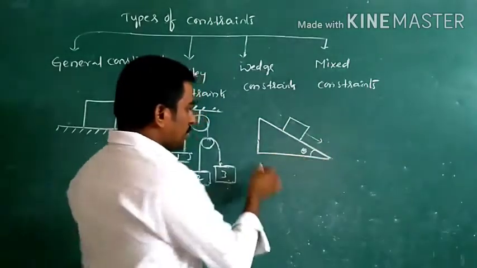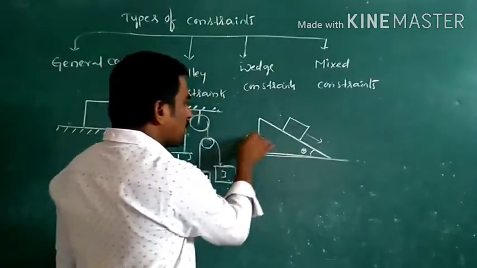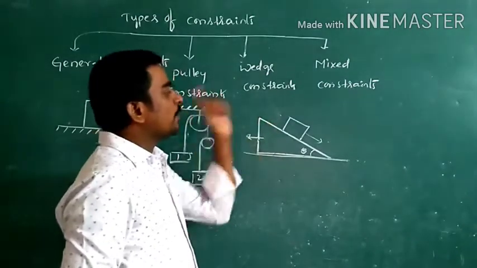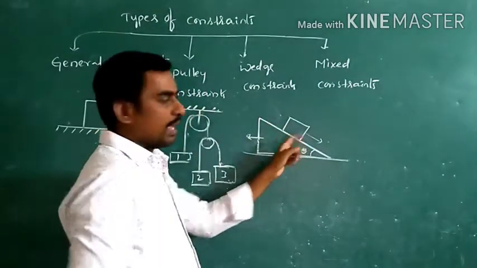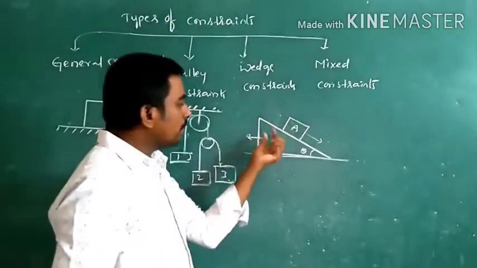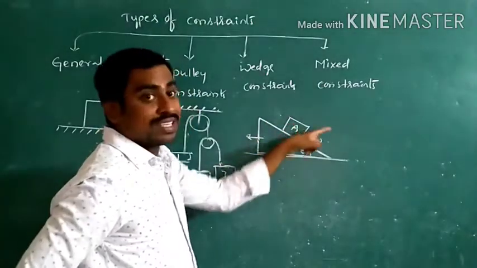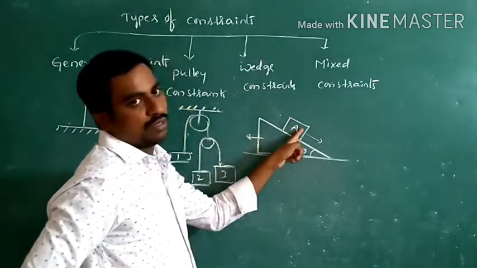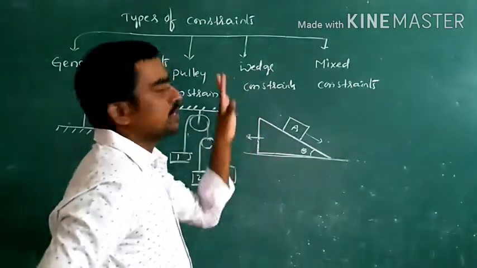If there is no friction between this wedge and the surface, the wedge moves in the backward direction. The velocity, acceleration or displacement of the wedge depends upon block A, and the block's velocity, displacement or acceleration depends upon the wedge. So the motion of this body is constrained by this one, and the motion of this wedge is constrained by this one. So this is another example of wedge constraints.